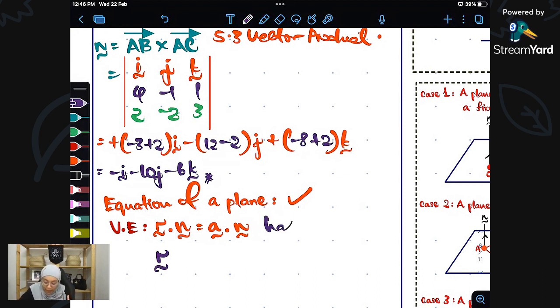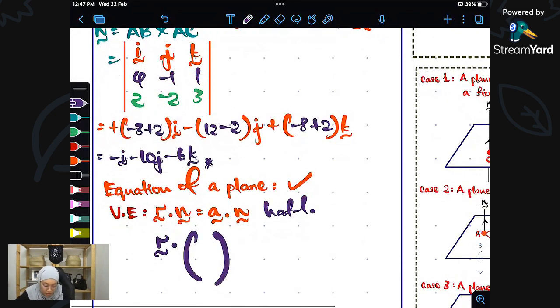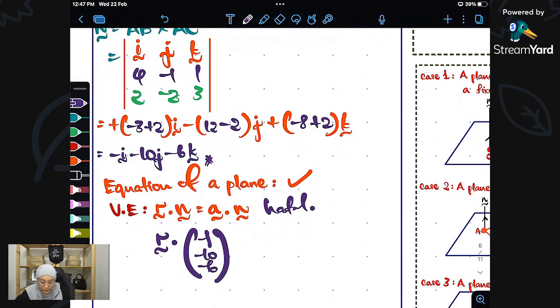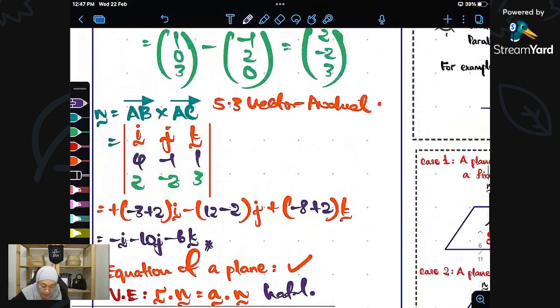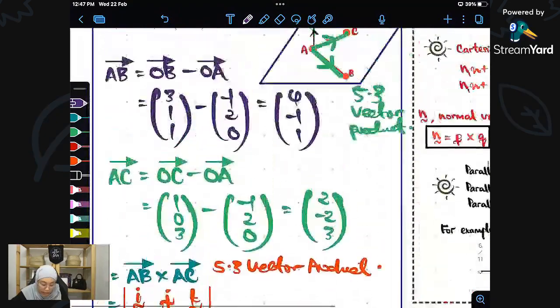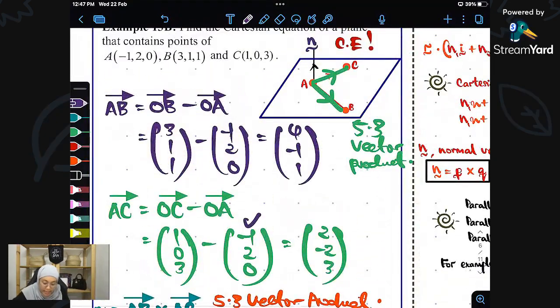Formula ni kena hafal lah. Write the equation of plane: r dot with the normal vector, so the normal vector is -1, -10, -6, and then equal with the A vector. So A vector nak ambil yang mana, madam? Which one should we take then? What we should take is -1, 2 and 0.